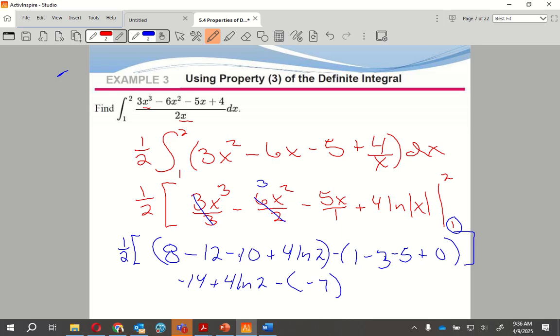That's the reason I keep this in parentheses, because subtracting the lower bound is where the mistake happens: forgetting about that negative and distributing it to everything. So change that to positive, and that would give me negative 7 plus 4 ln 2.